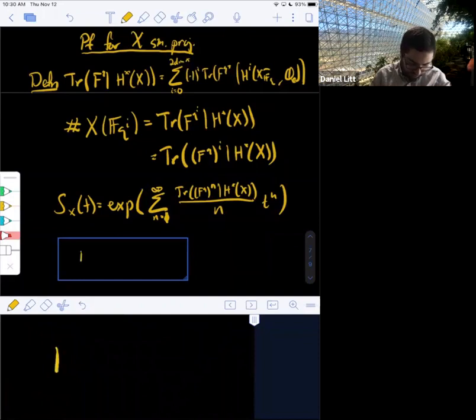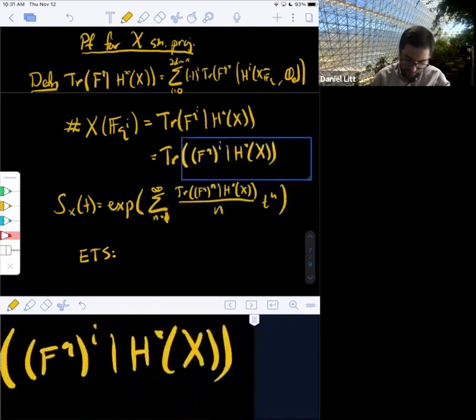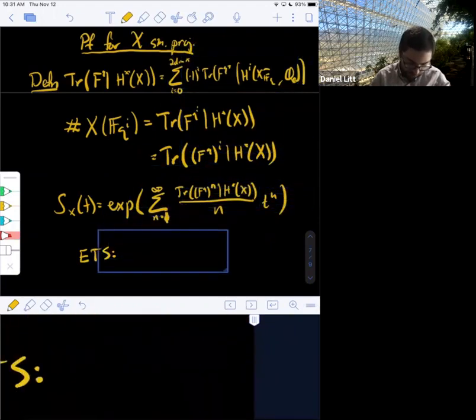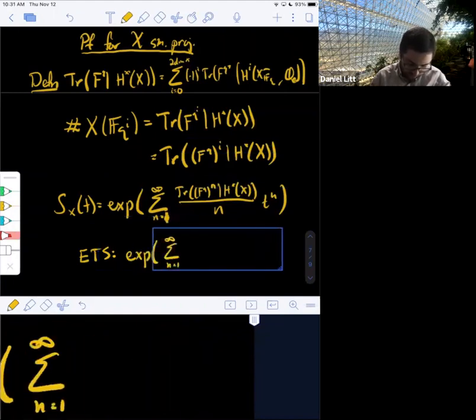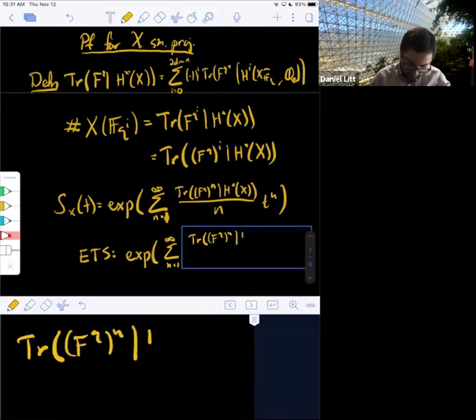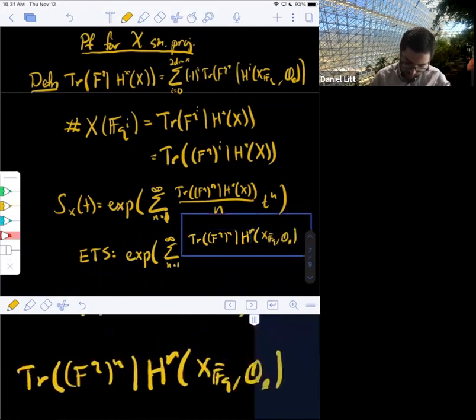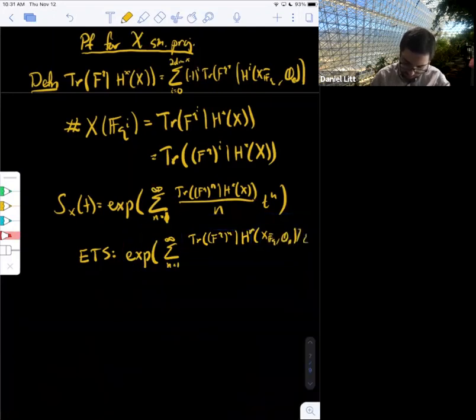So first of all, instead of having this alternating sum here, it's enough to show that the exponential of the sum from n equals 1 to infinity of the trace of F_q to the n just on H^r of X, times t to the n over n, is rational. So it's enough to show this with this star replaced with one of these cohomology groups.